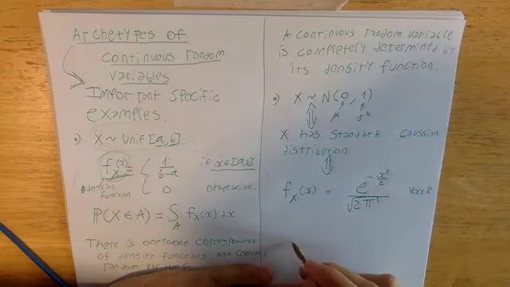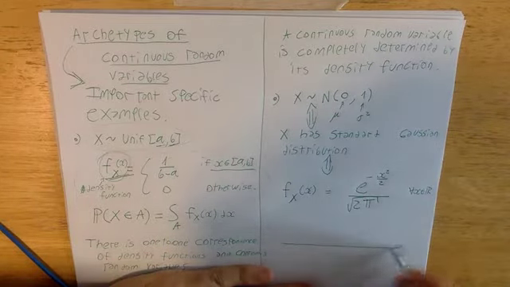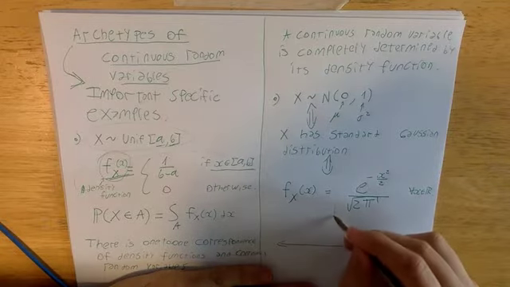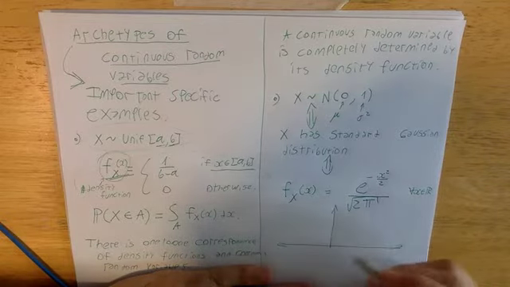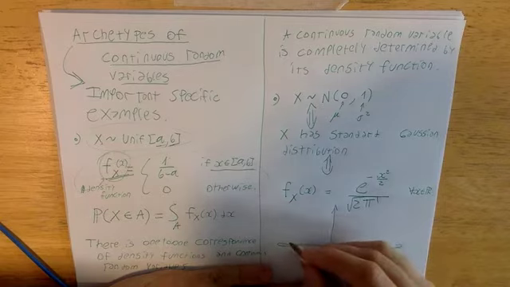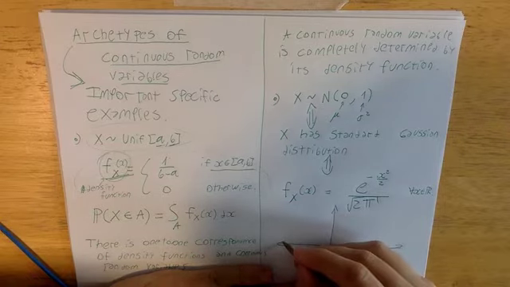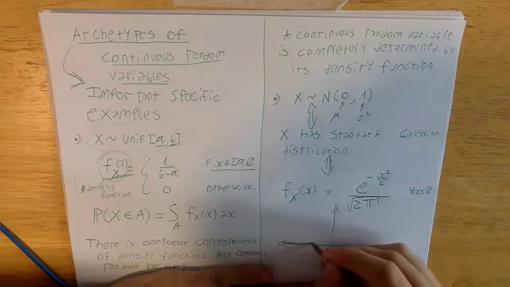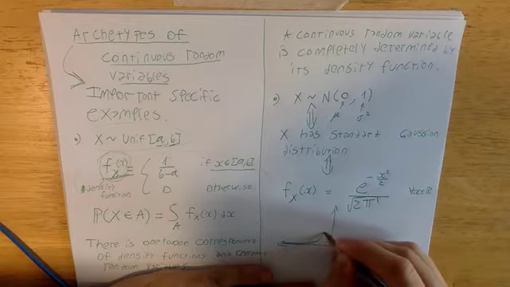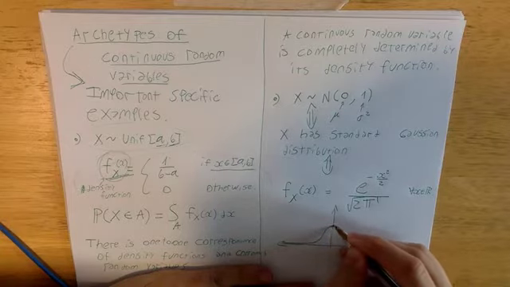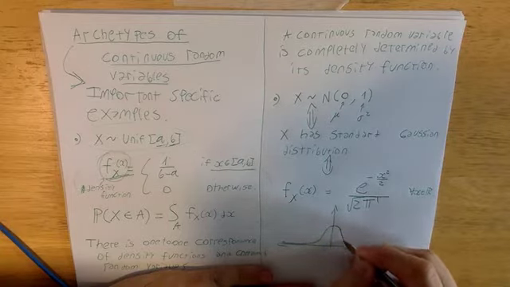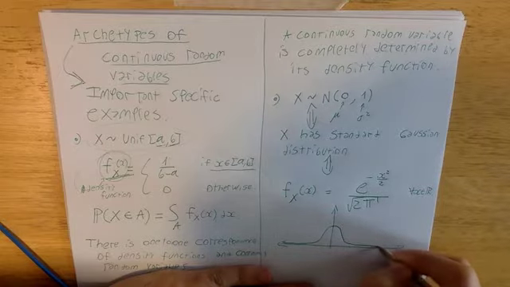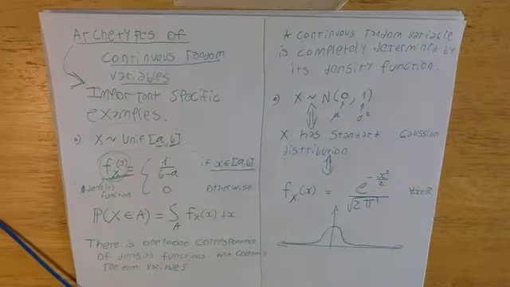Okay, so if we plot this function, this is an exponential with a super thin tail. Then it goes like this, and it keeps going like that.